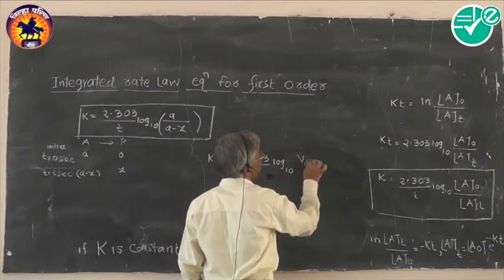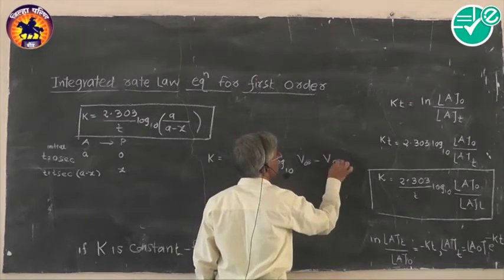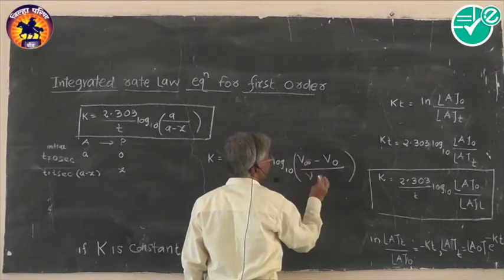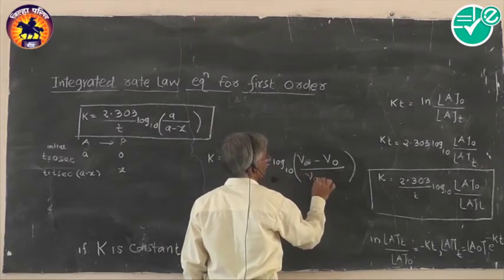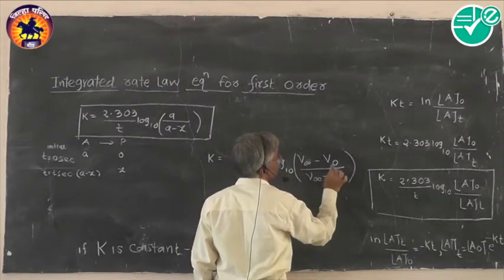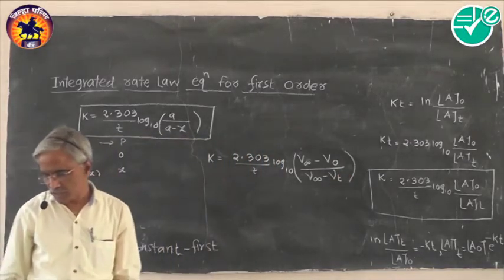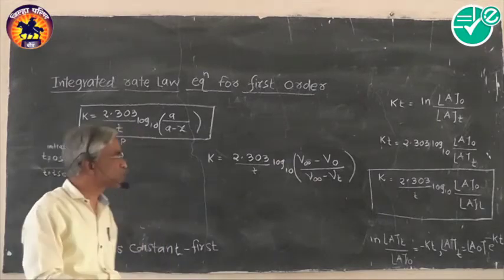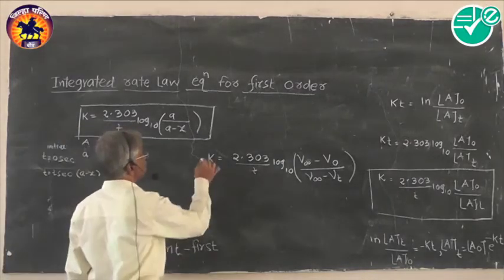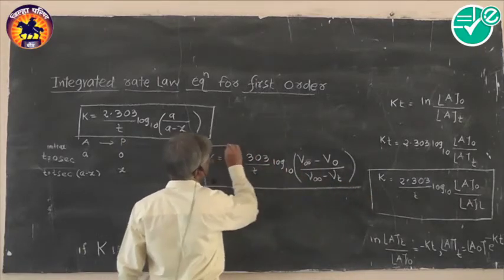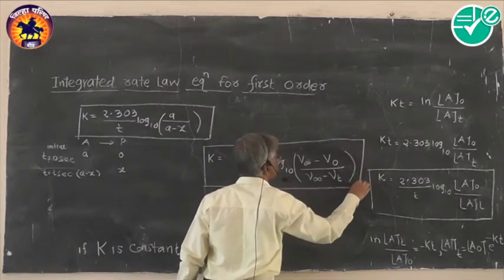So V infinity minus V0, divided by V infinity minus volume at a time t. This form of equation can be used, which we use in the hydrolysis of methyl acetate. We will go for the example of that.